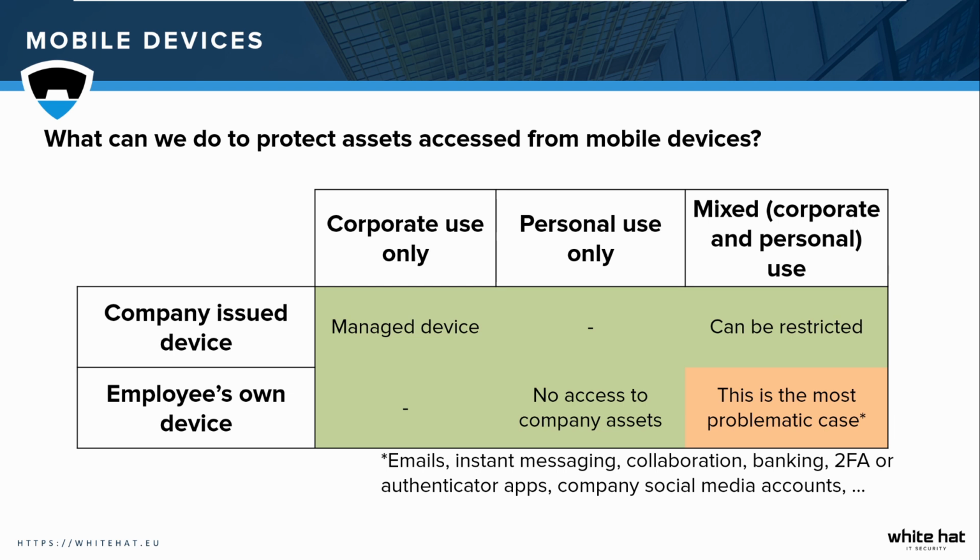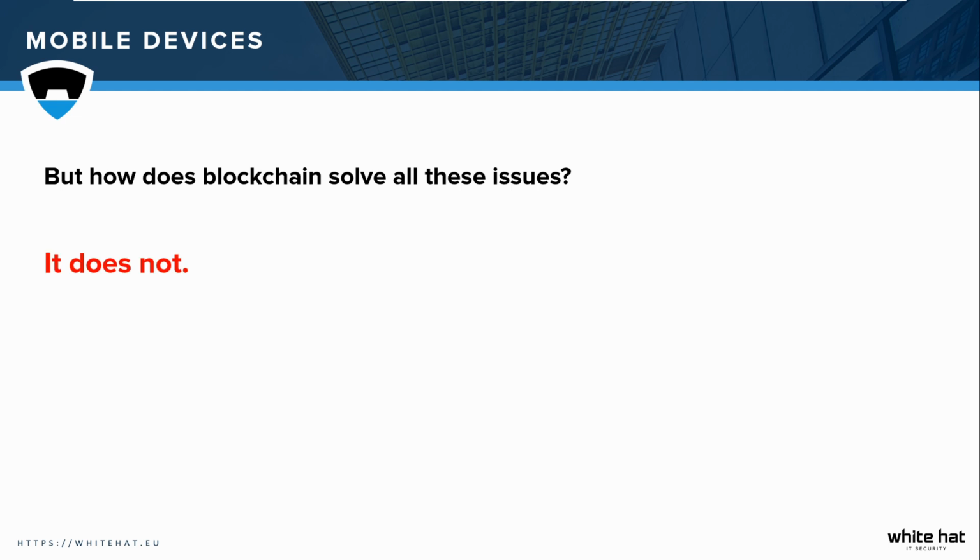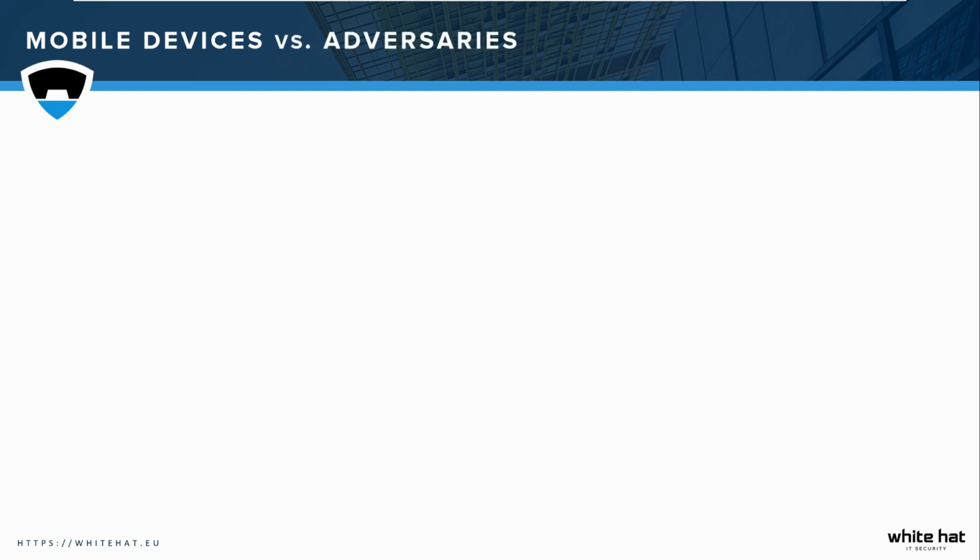I mean, we have whole fields and departments even like IT risk management, for example, because IT security, among other things, is sacrificed for productivity. Yes, but how does blockchain solve all these issues? It does not. Moving on.